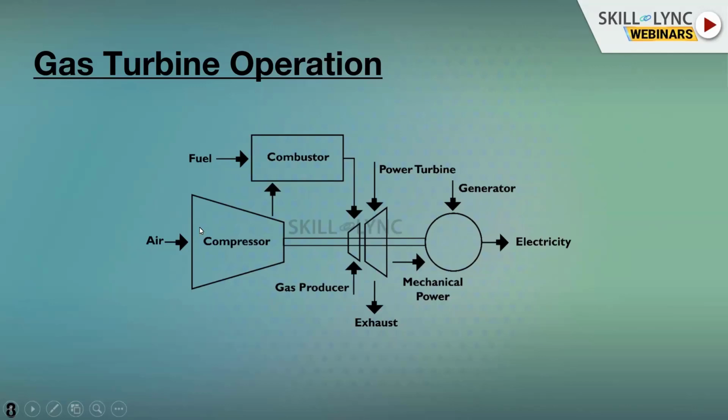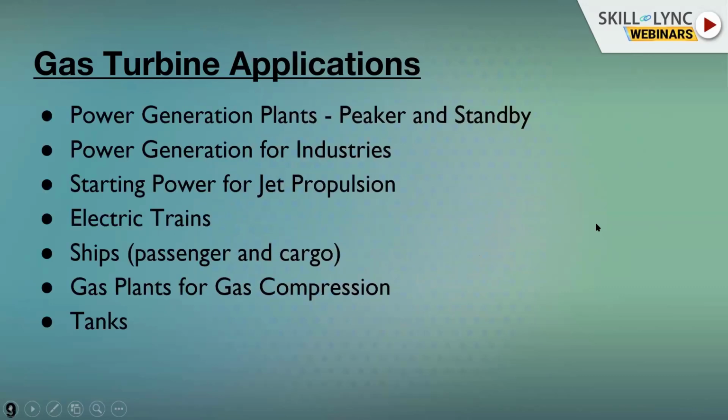But in this session, I'm going to cover a simple cycle operation of the gas turbine. Now where all are the gas turbines being used? One is just for power generation for your normal grid, for your household and daily appliance use. In these power generation plants, gas turbines sometimes can be used for base load, that is, continuously providing power to the grid. The second is peaker plants.